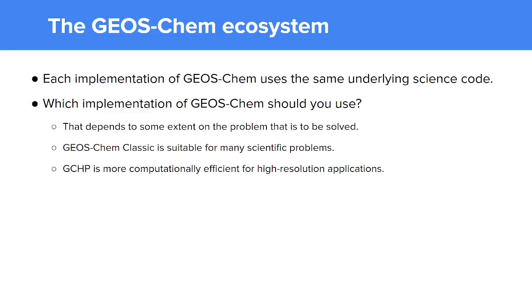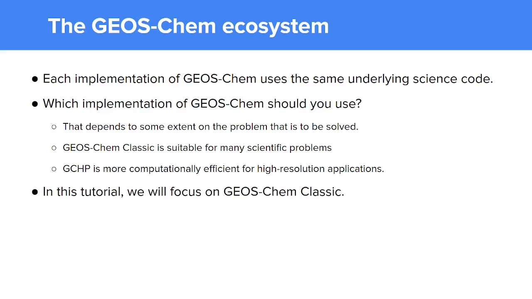But if you're doing something that is very computationally intensive, such as aerosol microphysics, or if you're working at extremely high spatial resolution, or doing both, for example, you might find that GCHP is a better fit for you because you can take advantage of more computational cores than you can with GEOS-Chem Classic. If you're working on climate feedbacks or climate chemistry feedbacks, then GEOS-Chem in either CESM or WRF may be appropriate for your research. So it really depends what you're trying to do.